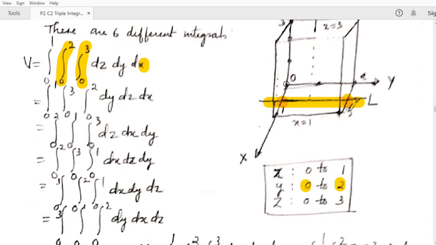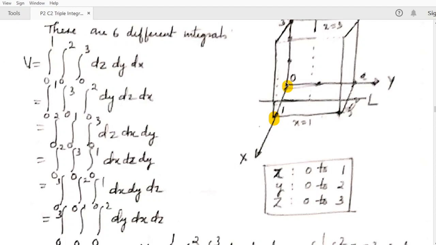We know that this line L covers this whole region only if we shift it from this point to this point. If we find these 2 points, we can find the limit of x, and from these 2 points we get the limits of x.